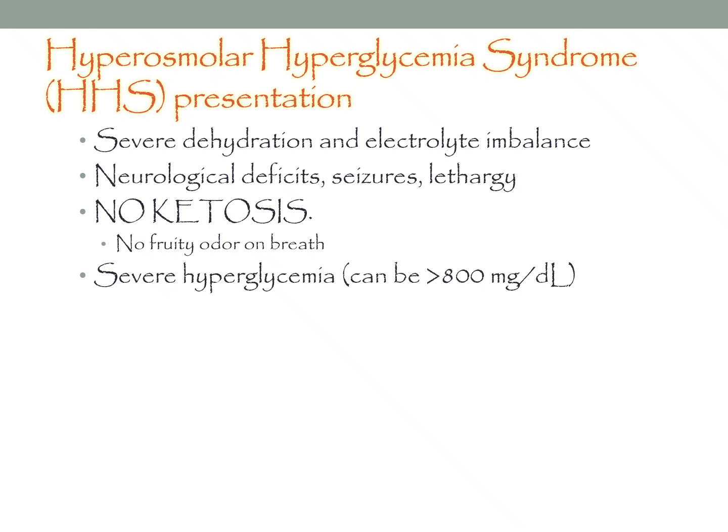And their end tidal, in the absence of some other underlying pathology, should be within normal range. These patients also will be much more hyperglycemic than DKA patients. Remember, their kidneys stopped filtering out the extra sugar, so their blood glucose level will be in a much higher range than DKA patients.